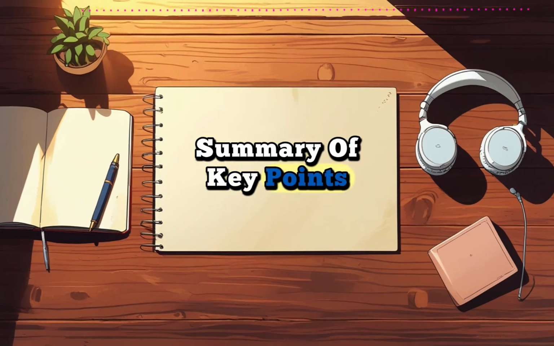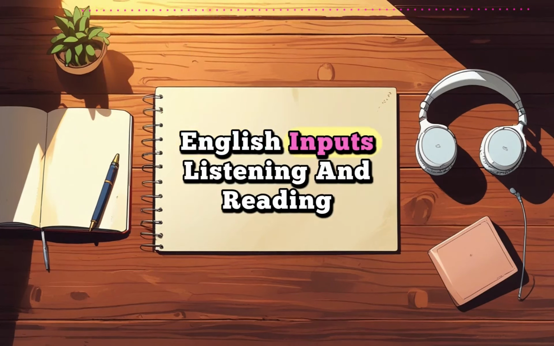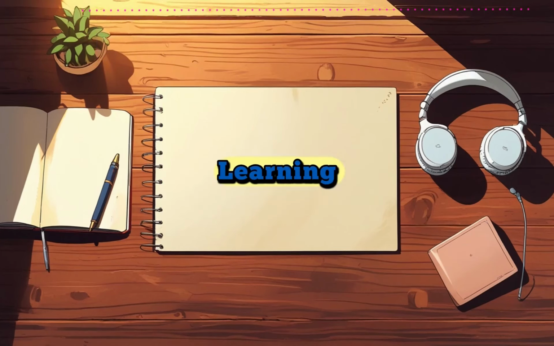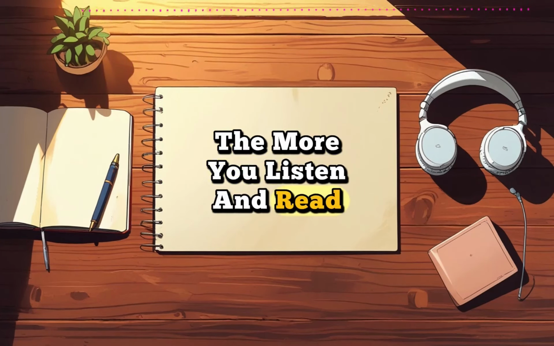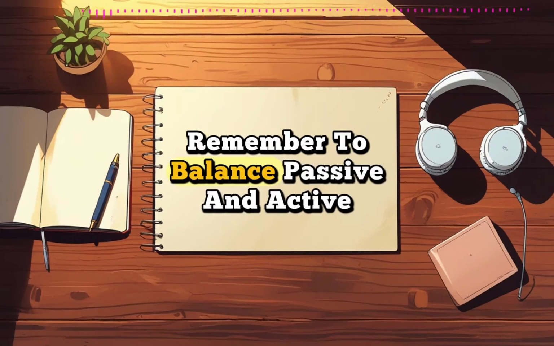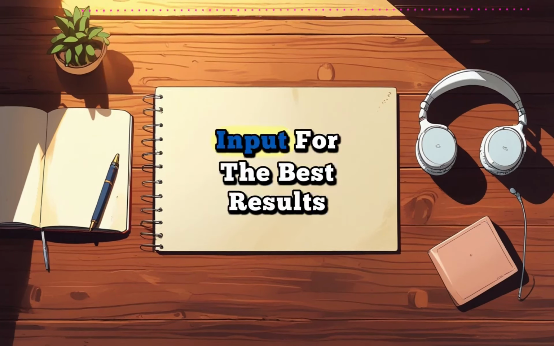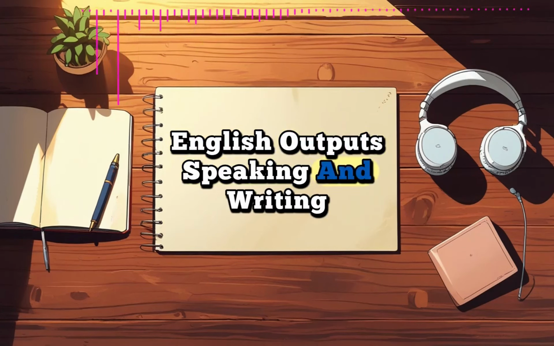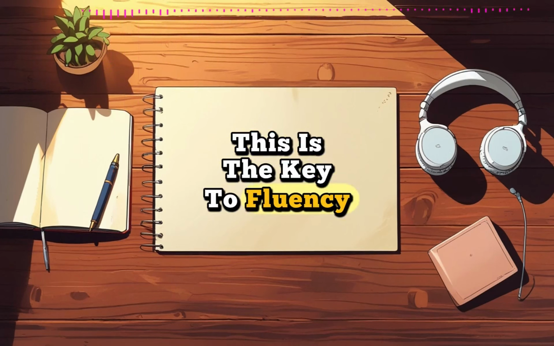Summary of key points. English inputs, listening and reading. This is the foundation of language learning. The more you listen and read, the more natural English will feel to you. Remember to balance passive and active input for the best results. English outputs, speaking and writing. This is the key to fluency.